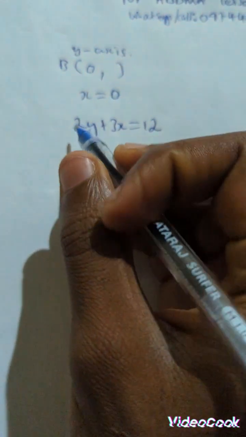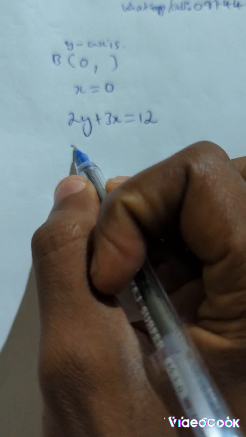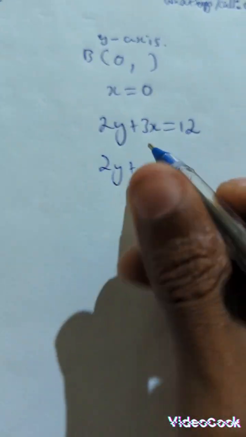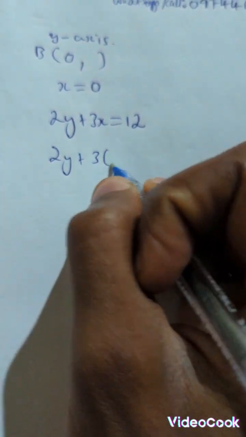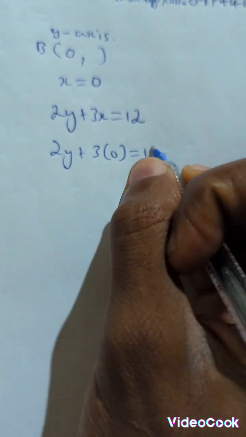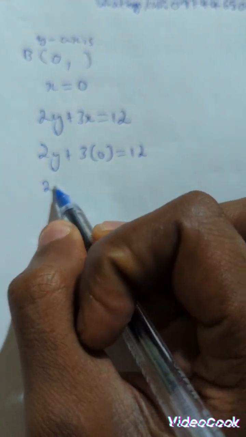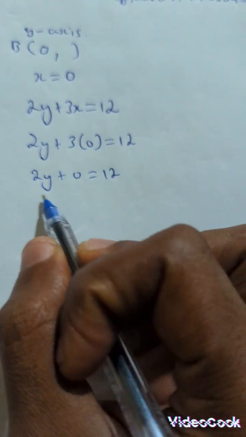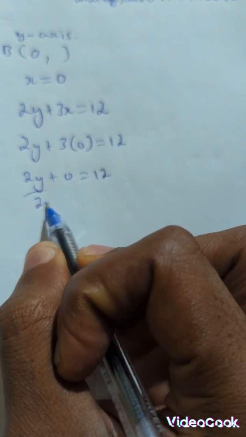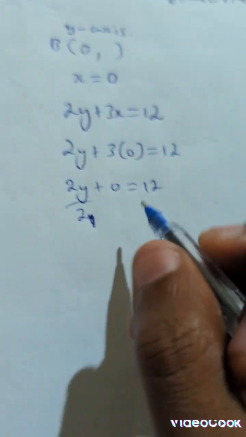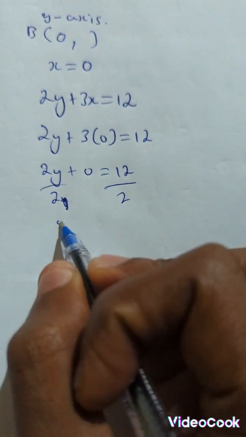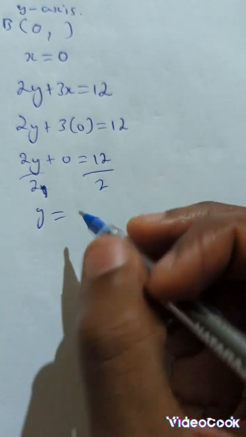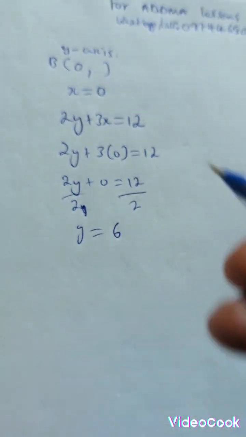Then we also come here, where there's x, we put 0, then 2y plus 0 is equal to 12, which is 2y over 2, then y is equal to 6.